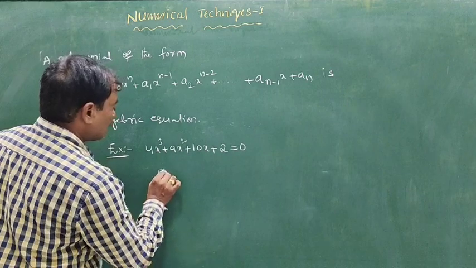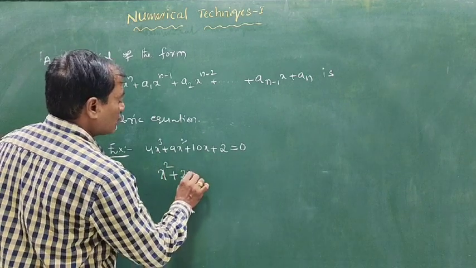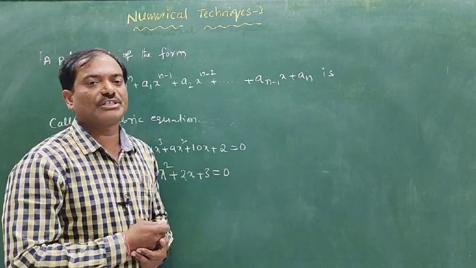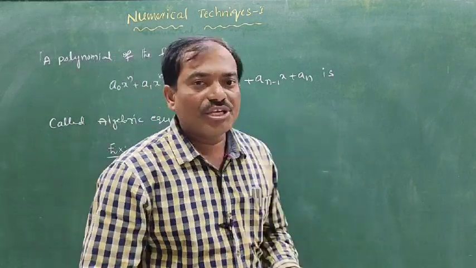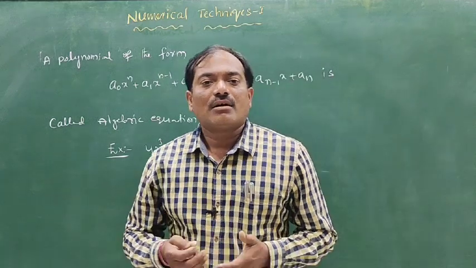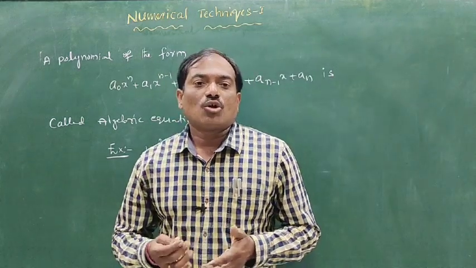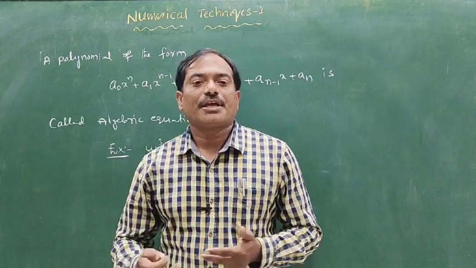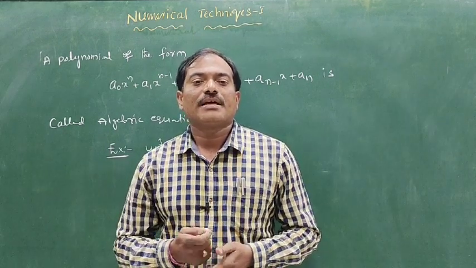And we have to write one more example: x square plus 2x plus 3 equal to 0, and this is also called algebraic equation.